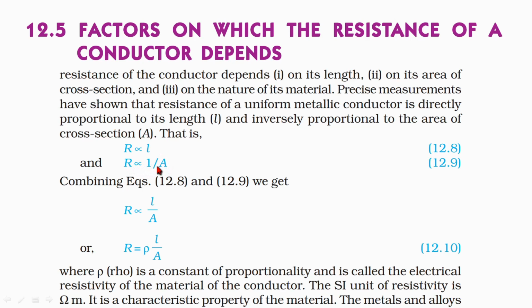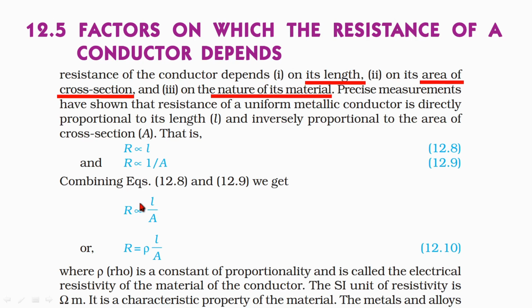The thinner the wire, the more the resistance. And it also depends on the nature of the material. So resistance of a conductor is directly proportional to length, inversely proportional to cross section, and depends on the material. So R is directly proportional to L over A, length over cross section area.